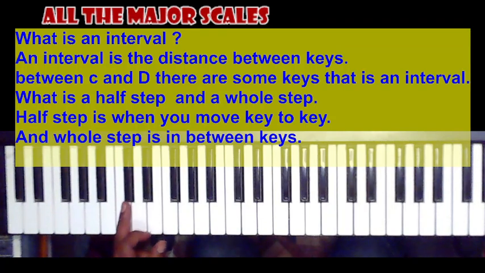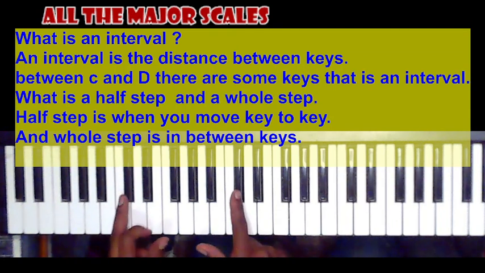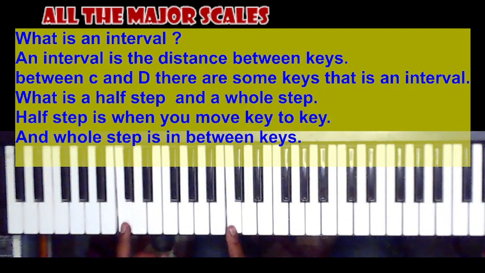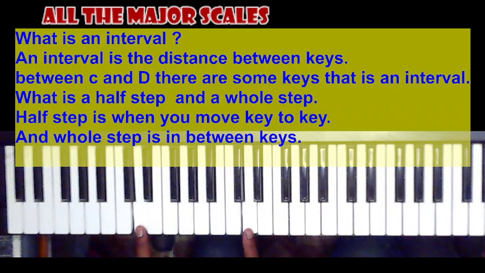But you must understand that two half steps equal one whole step. If I go from C to C sharp, that is one half step. From C sharp to D, that's two half steps, which means from C to D it is one whole step, or two half steps. I don't know if you understand.